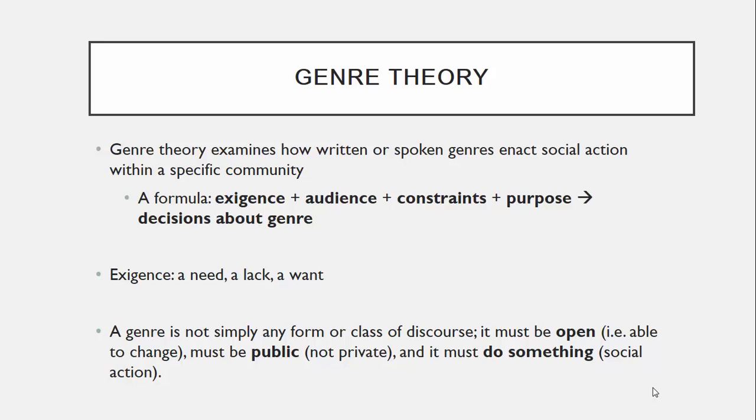You should address them, dear Professor so-and-so, and move from there if you're trying to really get on their good side. And then the purpose, what it is you want to accomplish. All of these things factor together to decide what genre is most appropriate. An email in this case might be most appropriate. A poem is not going to be an appropriate genre to use to communicate your message.